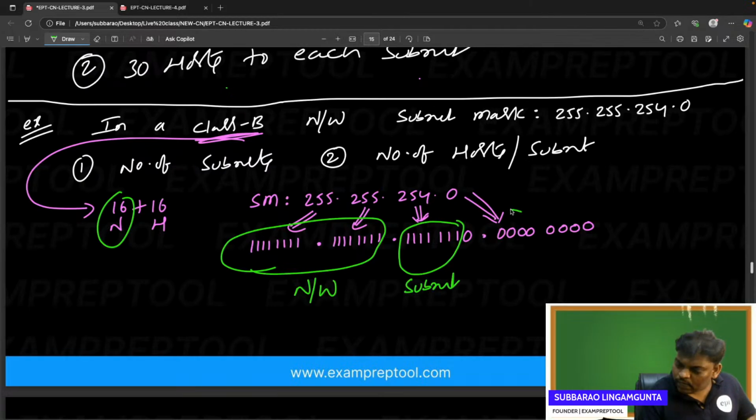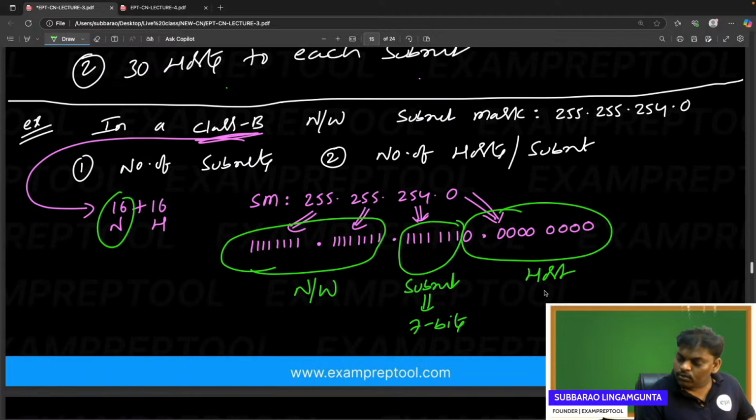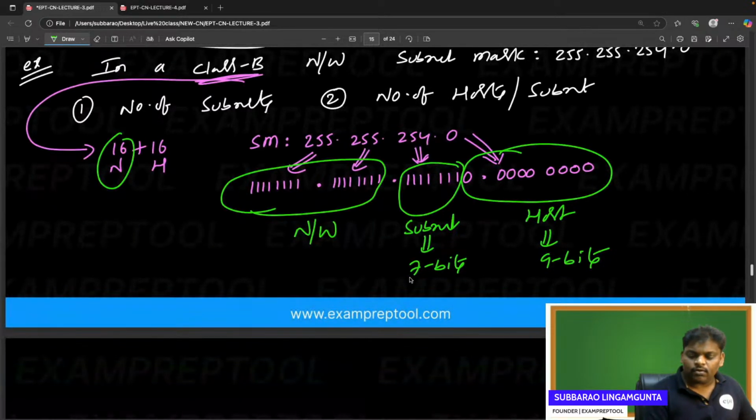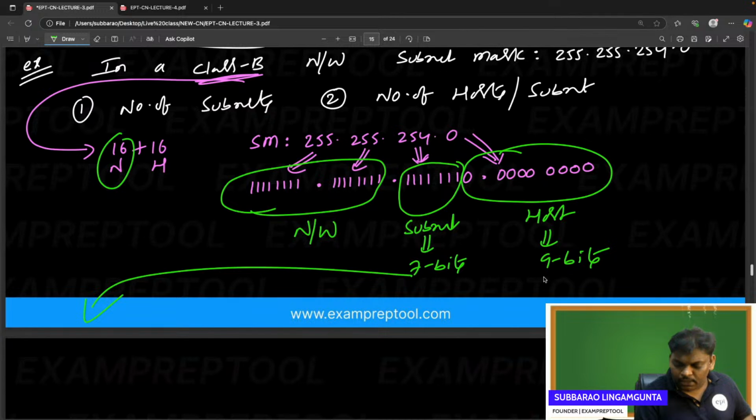Zeros are going to be host. So subnet purpose 7 bits, host purpose 9 bits.